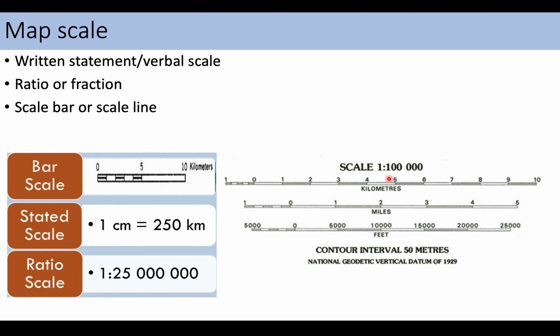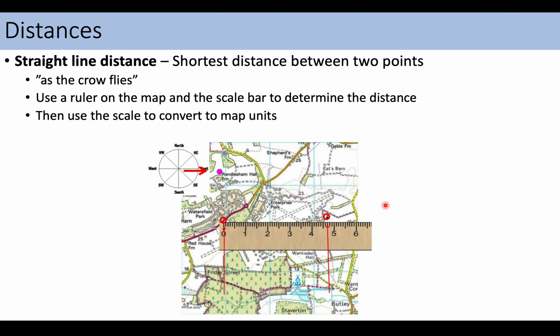Or here, this one gives you scale bars in kilometers, miles, and feet. So depending on how you want to look at your map, this distance here would be 1 kilometer. This distance here would be 1 mile. Then we can measure on our map and use these scale bars to convert to the actual distance.